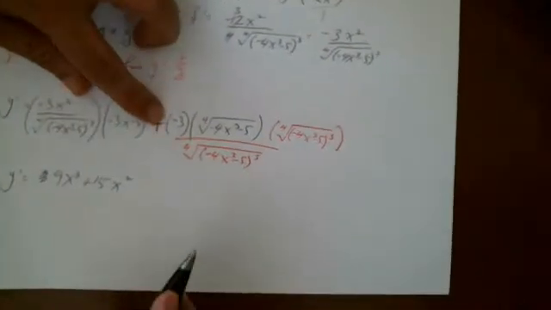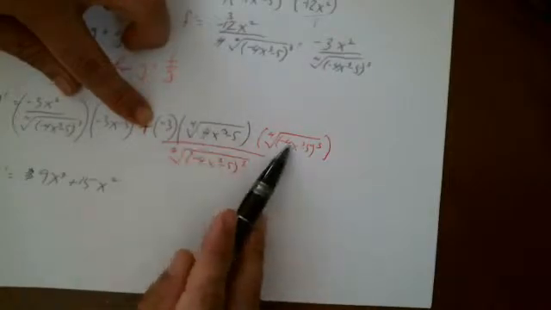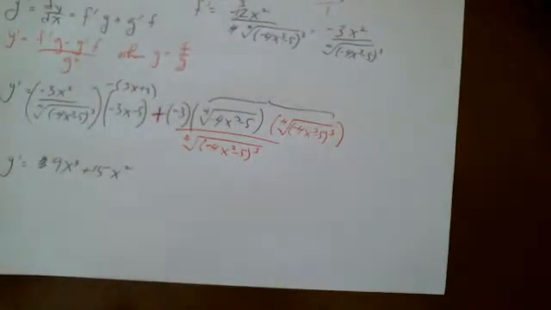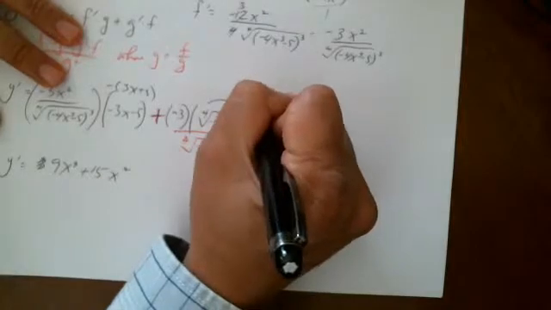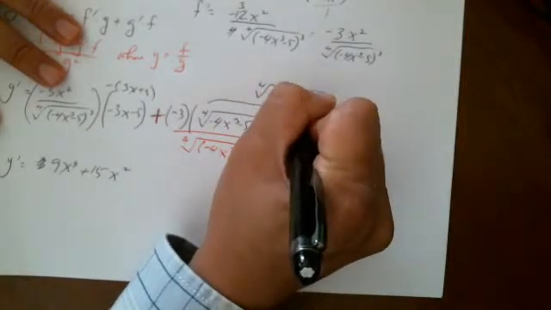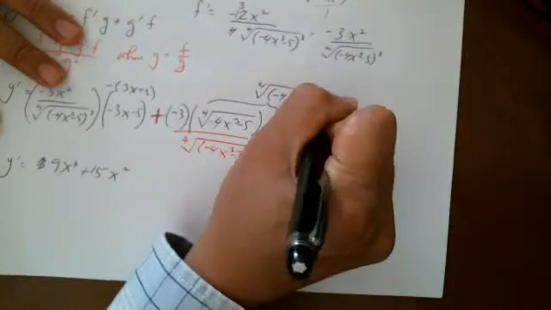On the second portion right here, you notice that when you multiply this out, you get something a little bit different, which becomes the fourth root of (negative 4x cubed minus 5) to the fourth power.